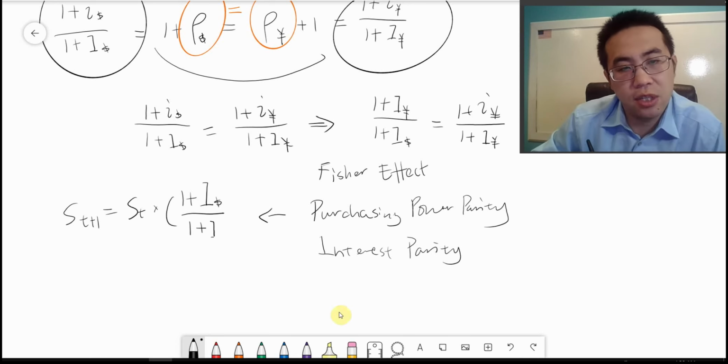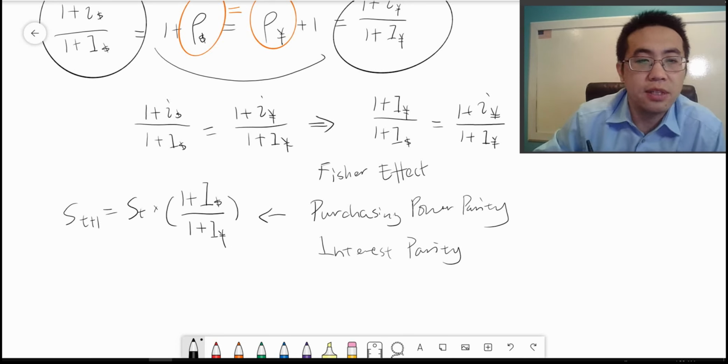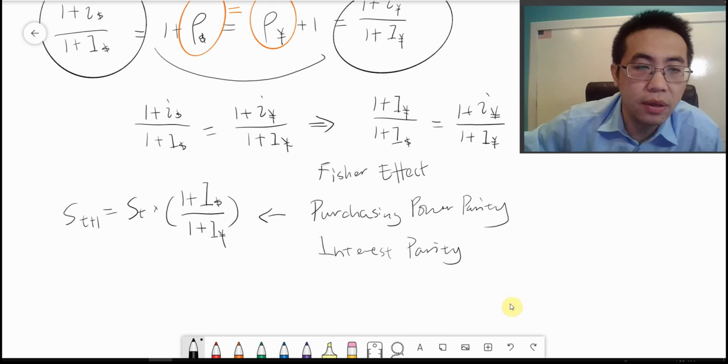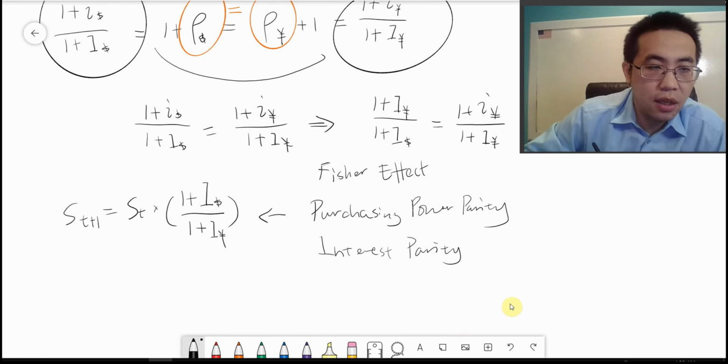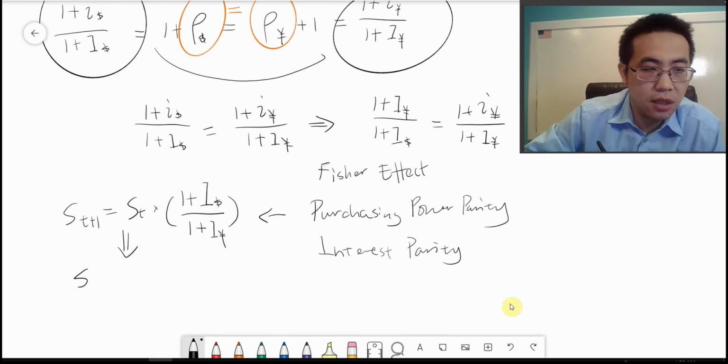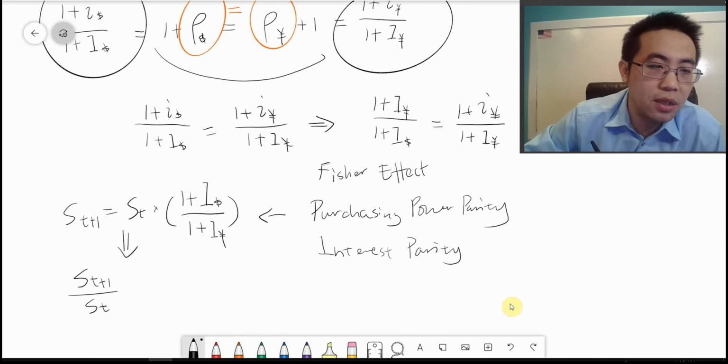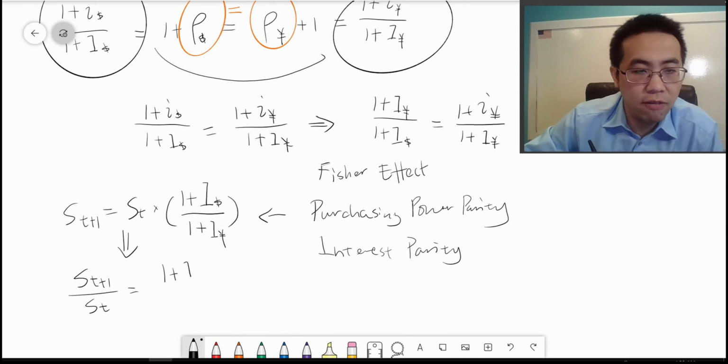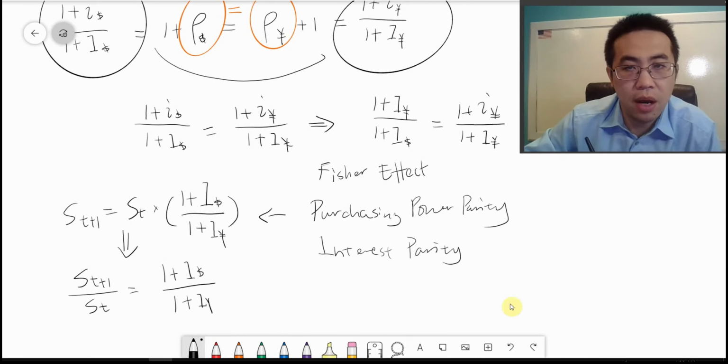In this case, let me just use the Japanese yen as an example. You can see that the spot rate ratio is the inflation ratio under purchasing power parity.